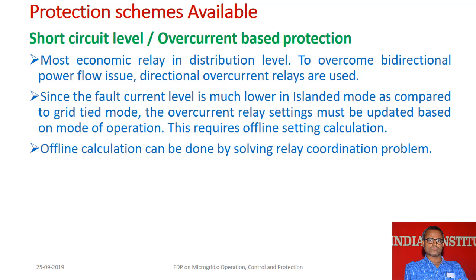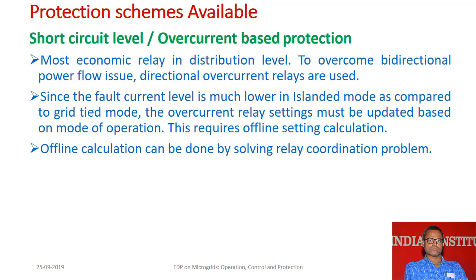Since the fault current level is much lower in the islanded mode as compared to the grid tied mode, the overcurrent relay settings must be updated based on the mode of operation, right? As I told, in the different modes, the current level is different. Therefore, the mode of operation should be identified, and based on that, the relay settings should be adapted and adjusted.